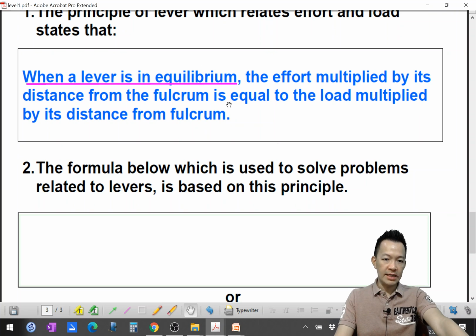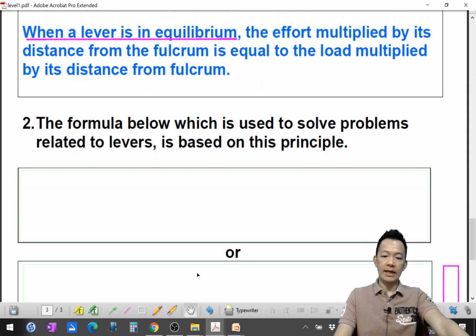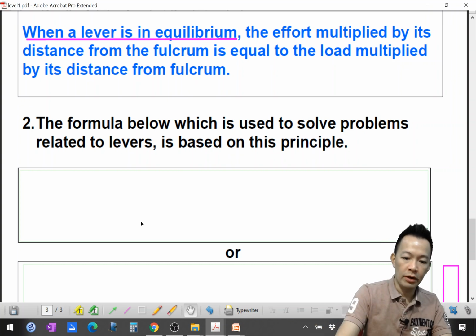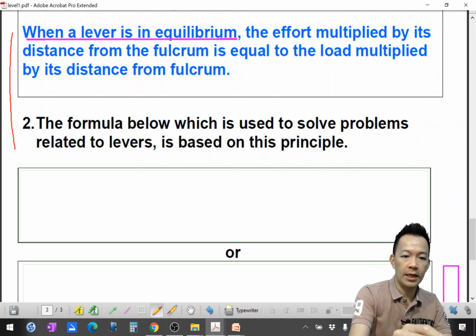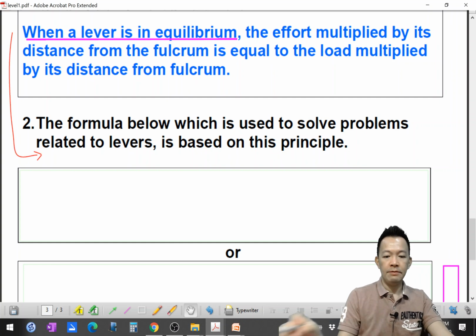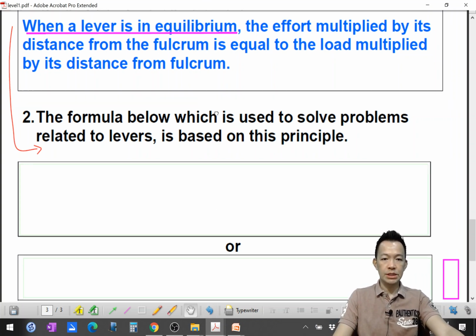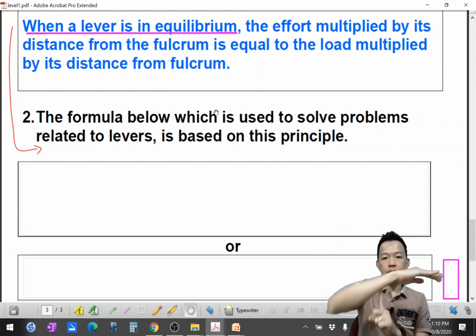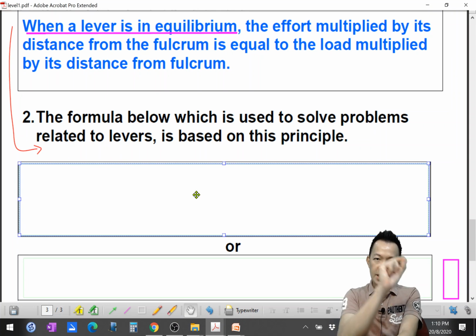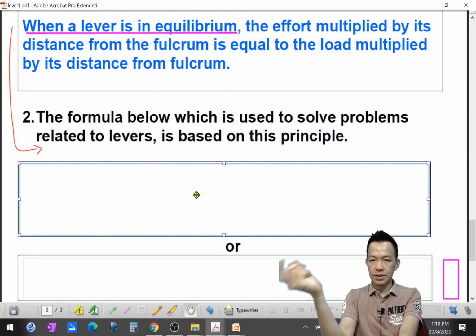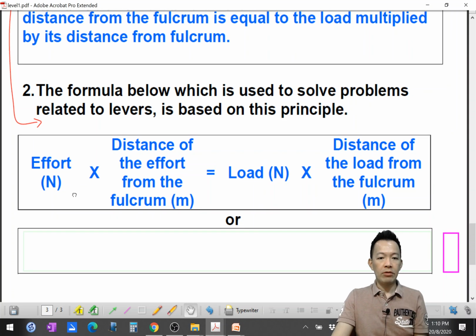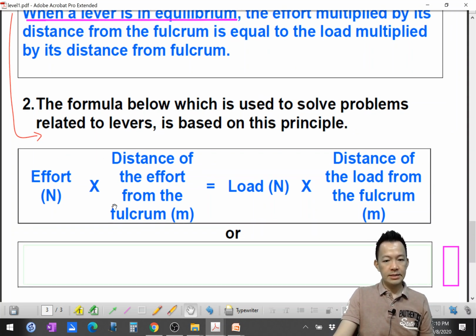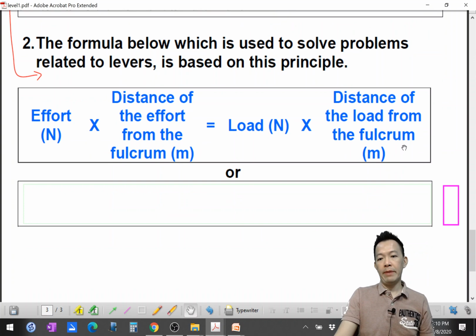Now I'm going to make this sentence become a formula. When a lever is in equilibrium, effort multiplied by the effort distance, the distance of the effort from the Fulcrum, is equal to the load multiplied by the load distance.